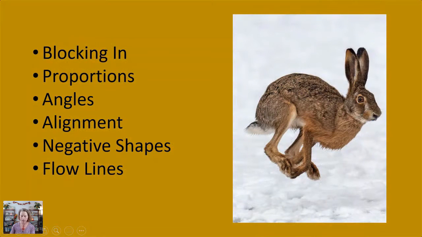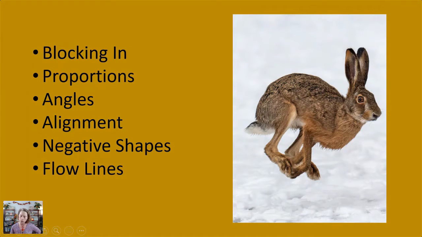Okay, so now we're going to start sketching them. We're going to sketch them in a few different poses, running, and remembering those things we talked about, my 6 steps for sketching success. One of them is blocking in those shapes.